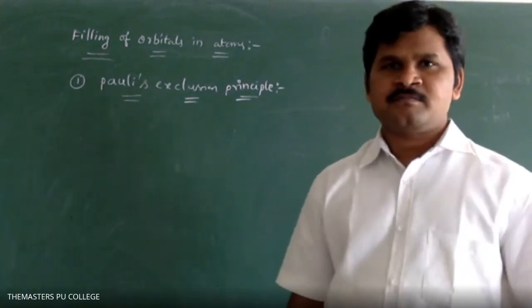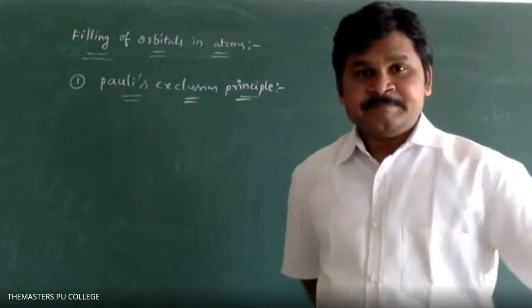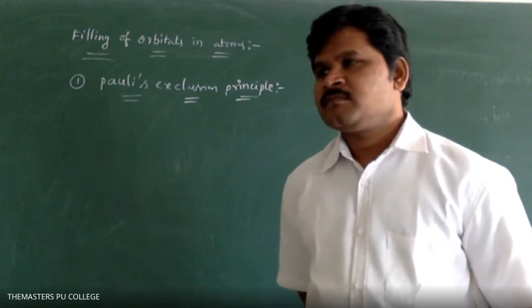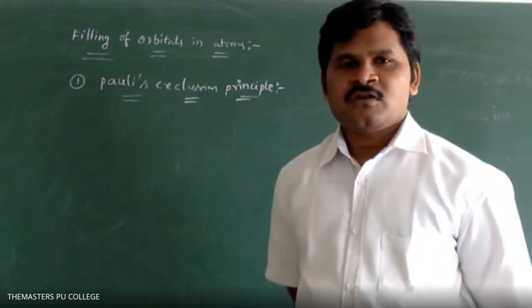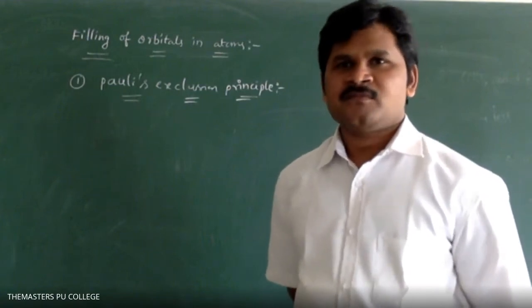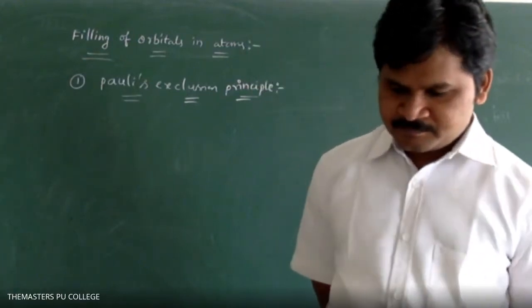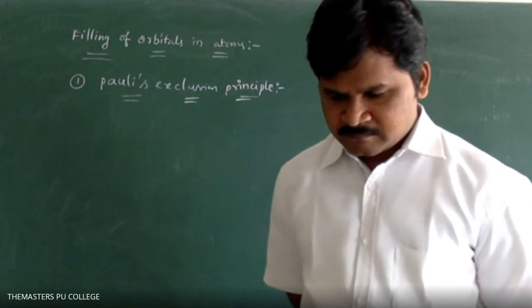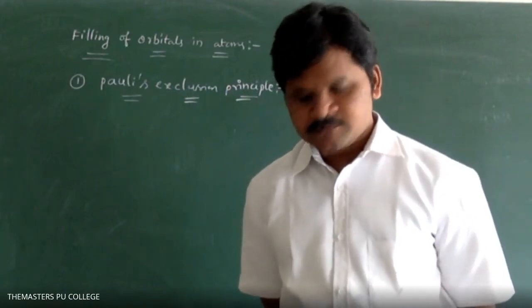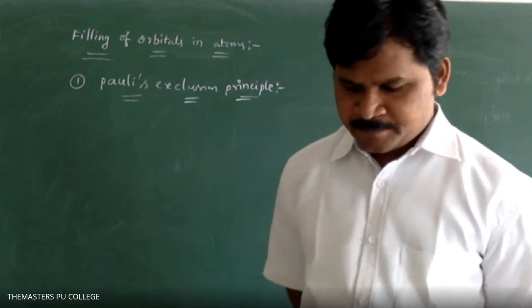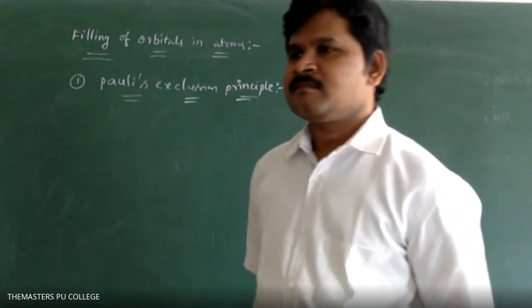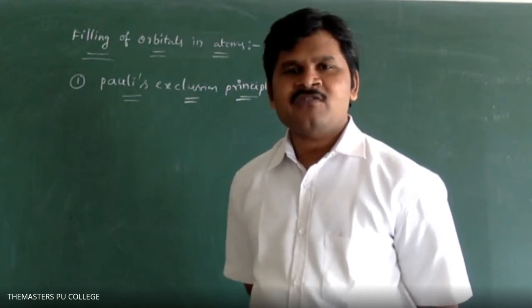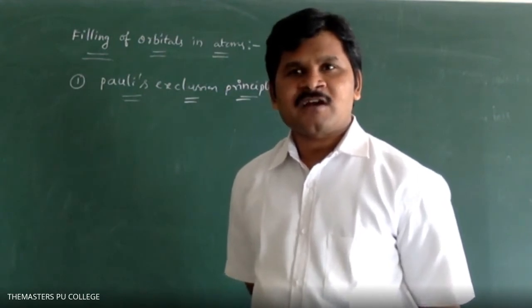Please write down the statement. It states that no two electrons in an atom can have the same set of all four quantum numbers.